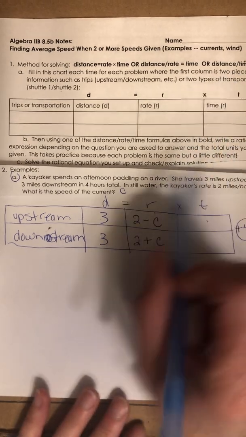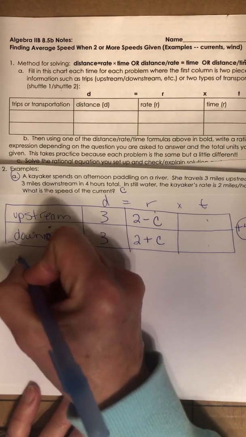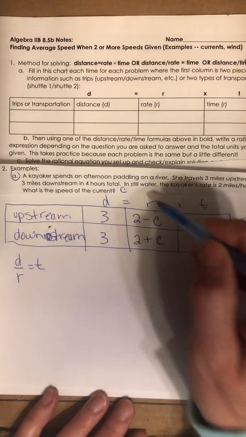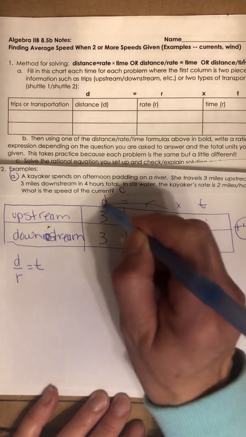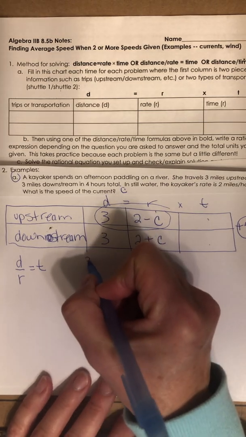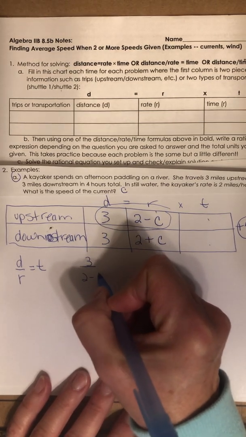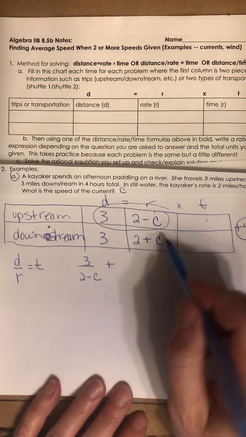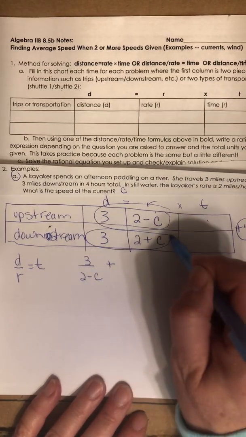And that time was distance divided by the rate equals time. So here's what I'm going to do. I have the distance and the rate for upstream, that's distance divided by the rate, 3 over 2 minus C, plus I have the distance and the rate for downstream, right?